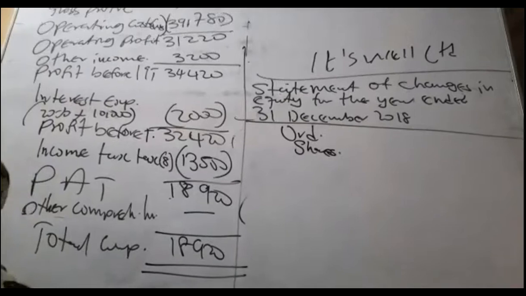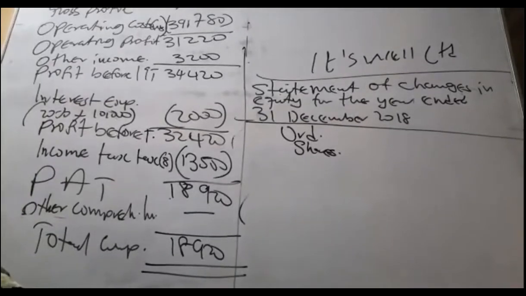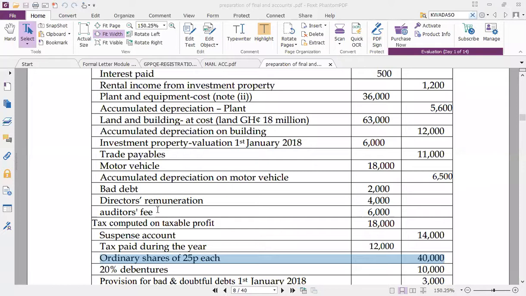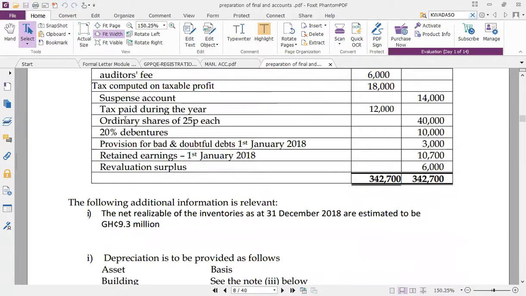From the stated capital, the next item I have to look out for is the retained earnings or income surplus or accumulated profits. Whichever one the examiner uses, record it. Don't change it. So retained earnings, I think it was the last one, right? Normally I stated it last.